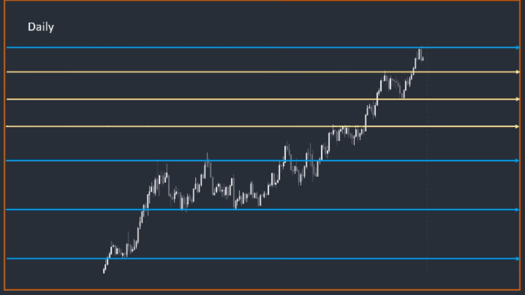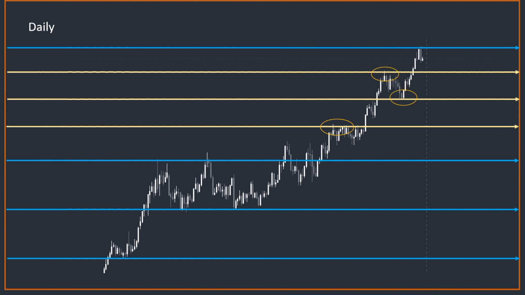From these levels we can see that price also rejected from here, rejected at the top there, and again acted as a support here. So this is on a daily time frame.